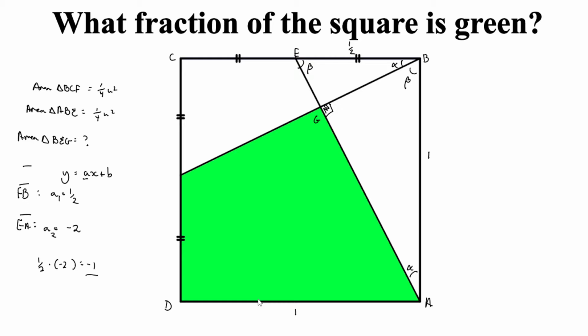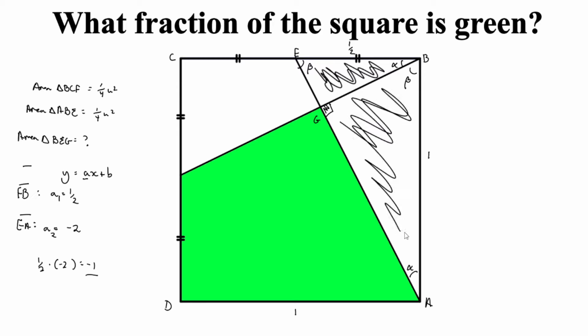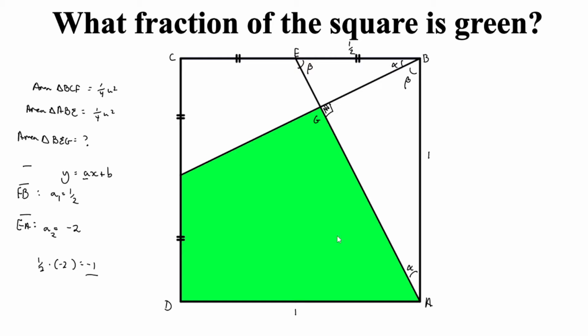So therefore, the ratio of their areas would be 1:2 all squared, would be 1:4. So that means that triangle BEG has an area 4 times smaller than triangle ABG. So if I were to call this x, this would be 4x.